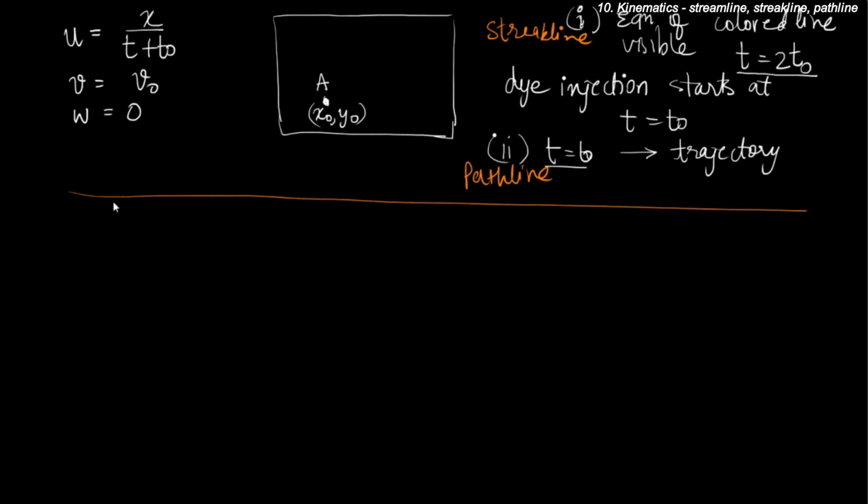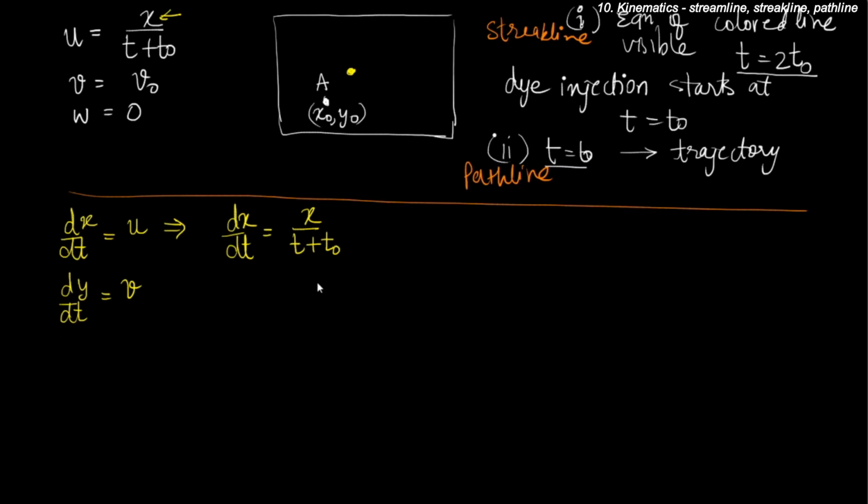Let us first write down the trajectory equation, that is dx/dt equal to u and dy/dt equal to v. If a particle is at a certain point, it will sample this particular velocity. So dx/dt will be equal to x upon t plus t naught.